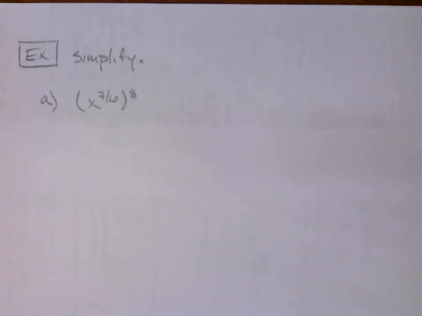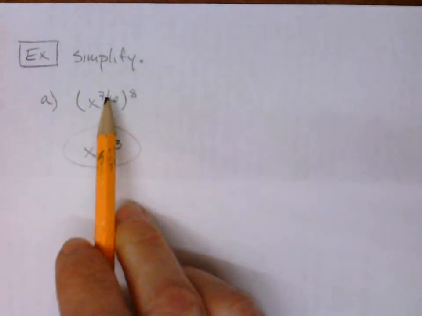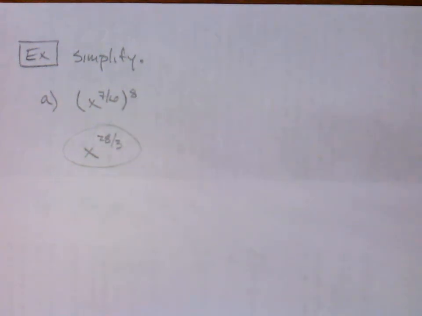I'm going to trust that you can do that multiplication in a calculator and simplify it. 7/6 times 8 would simplify to 28/3. There's our answer here, x raised to the 28/3. And that's it. Notice you don't have to rewrite it in square root radical notation. Just apply the rules of exponents. There it is.